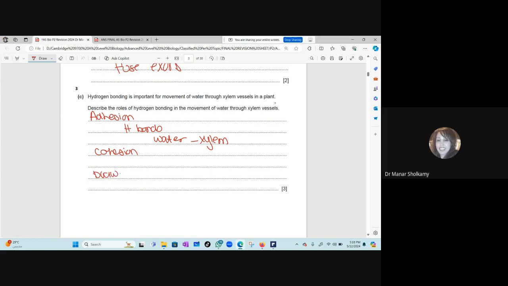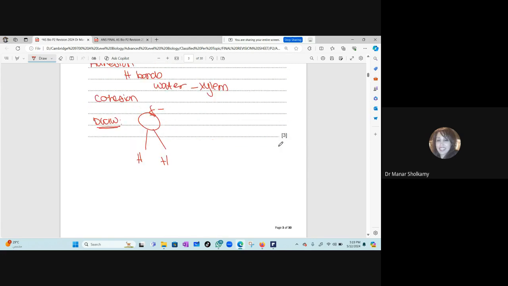Now, can you draw the cohesion between the water molecules? Let me help you draw it. I have a water molecule, the oxygen and the hydrogen, with lines between them. Perfect. Next to the oxygen, what charge do I put? All oxygens are negative, electronegative, because it's slightly negative due to the unequal sharing of electrons.